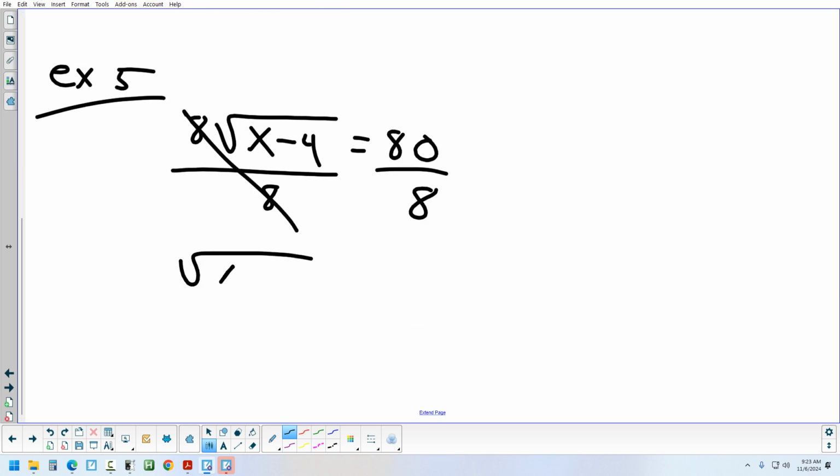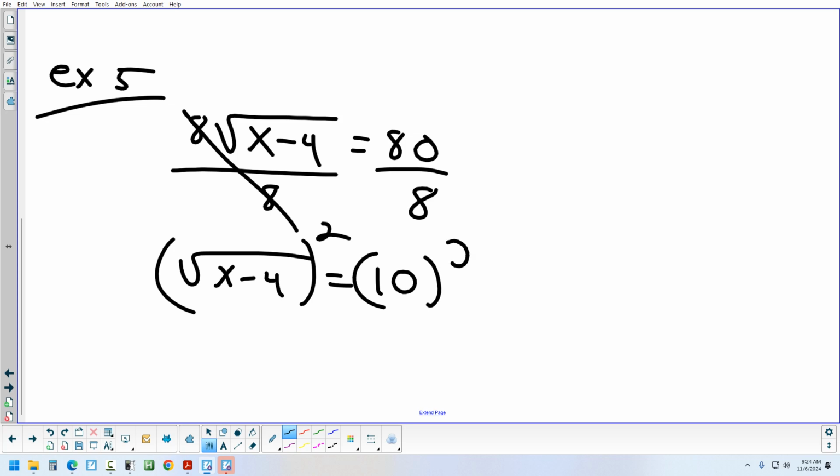And I've got square root of x minus 4 equals, what's going to be on the right side? 10. Now we can do it just like the last problem. What would be my next step on both sides? Yep. I'm going to square both sides. Square and square root cancels out. We get x minus 4 equals 100. And that would mean x would equal 104.